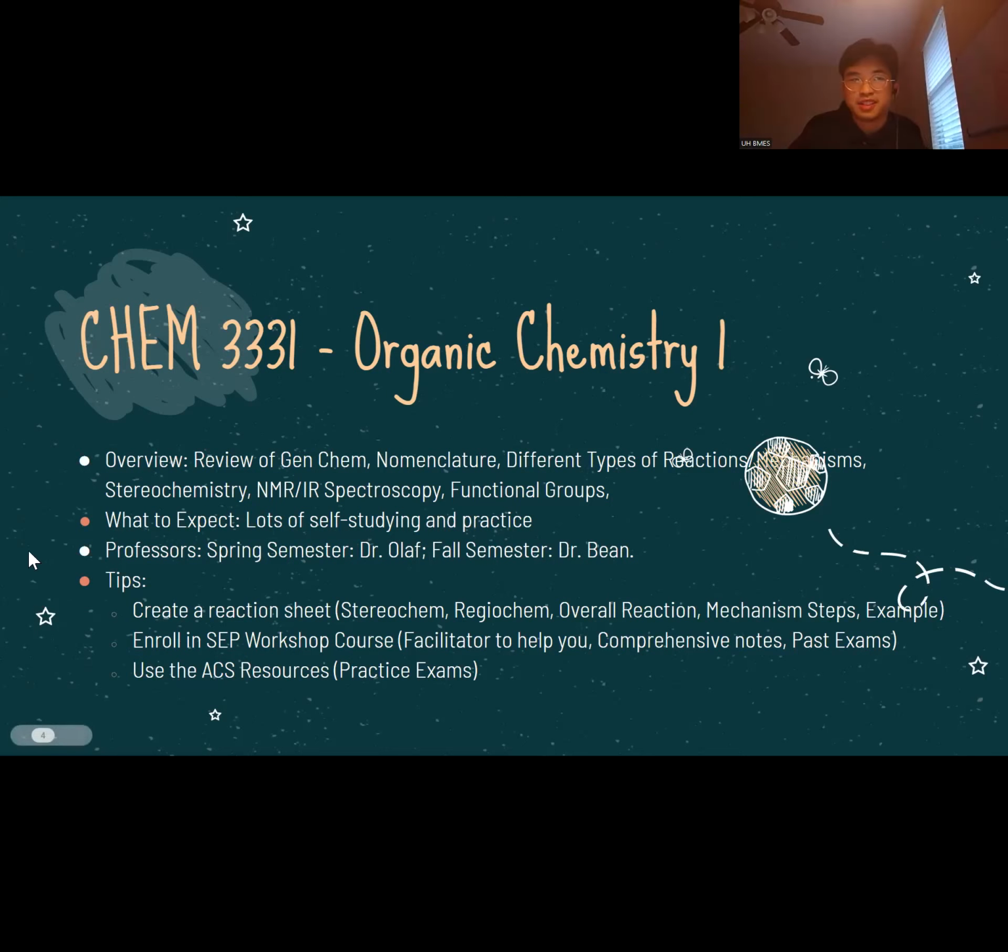Another thing to add, because it is all application, I think the biggest tip would be to create a reaction sheet for yourself. So, knowing the mechanism for the reaction that you're learning, knowing its stereochemistry or regiochemistry, and then I say give yourself an example of knowing how an actual reaction looks.